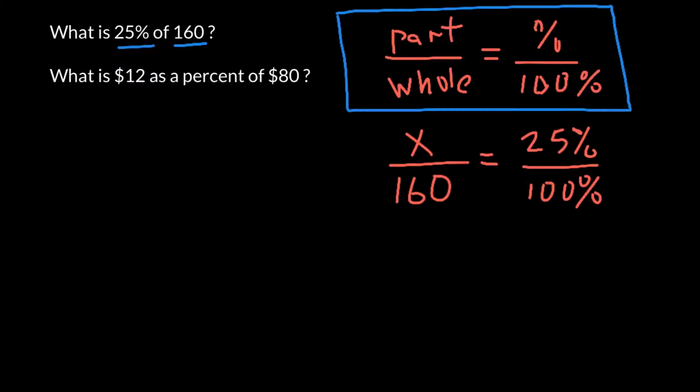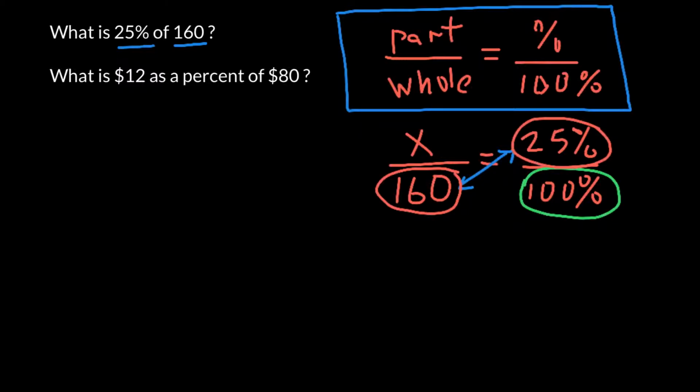So the first step is to cross multiply known numbers, and then we have to divide by another, third known number. So again, cross multiply 2 known numbers and divide by the third known number.